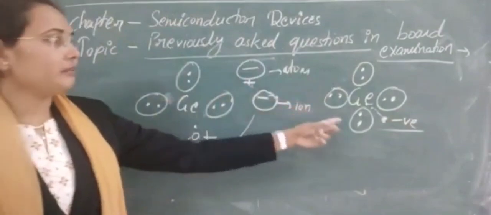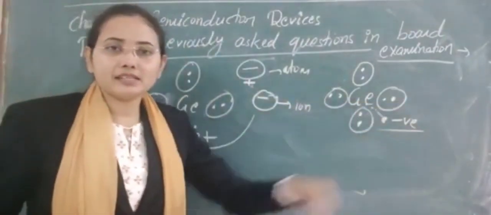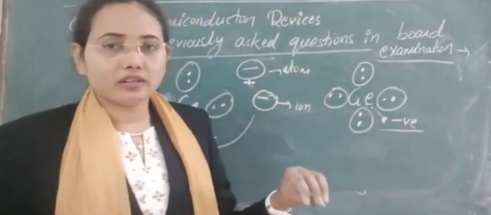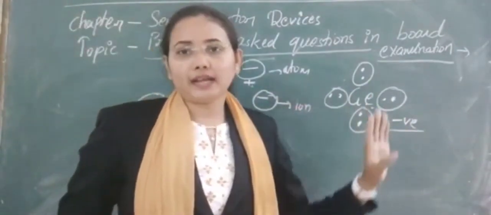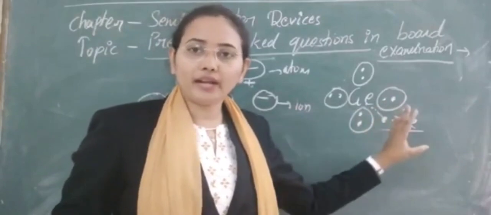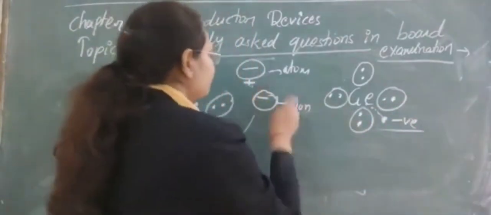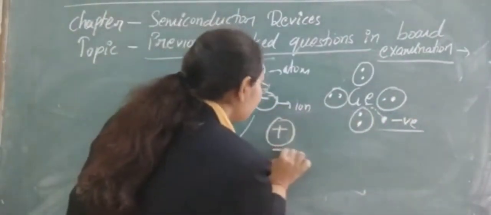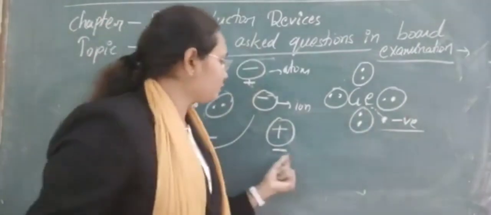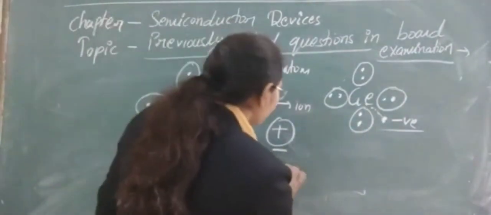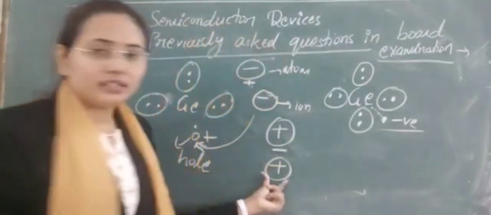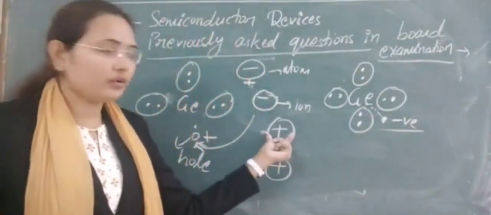So obviously this is an electron, a negative charge carrier. The whole atom has a tendency to complete its octet and it has an extra electron, so it will try to donate that electron. So it is called a donor atom. A donor atom is represented by this, and an electron is associated with it. Whenever this electron is donated somewhere, it is converted into this, and this is called a donor ion, this is called a donor atom.